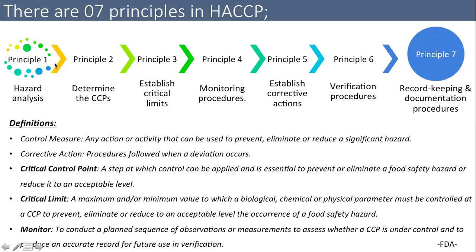There are 7 steps. I will explain one by one with examples later. Hazard analysis, CCP determination. There are some standard methods to determine CCP and establish critical limits. You need to establish limits. Might be a temperature, might be some time-like thing, and moisture, and monitoring procedures, how to monitor these things, and corrective actions.